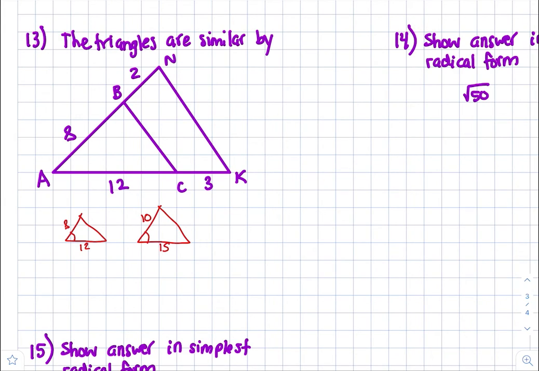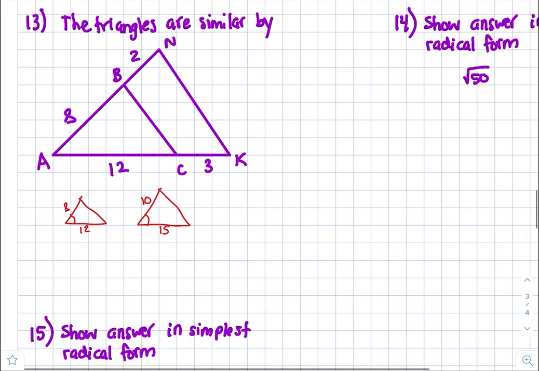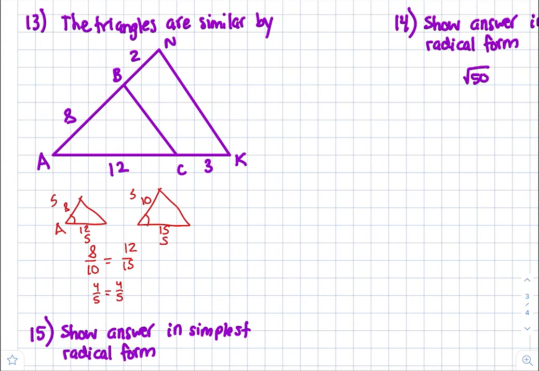So do they have proportional sides? Is 8 over 10 equal to 12 over 15? And if you take a look, yes it is. So this side is proportional to that side, and this side is proportional to that side, and they have a congruent angle. So these triangles are similar by side angle side.